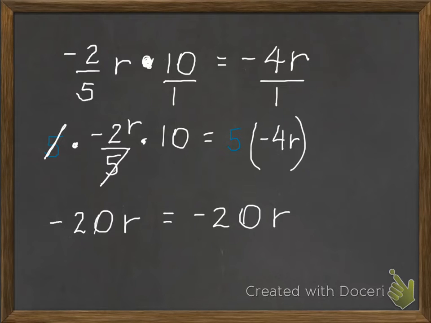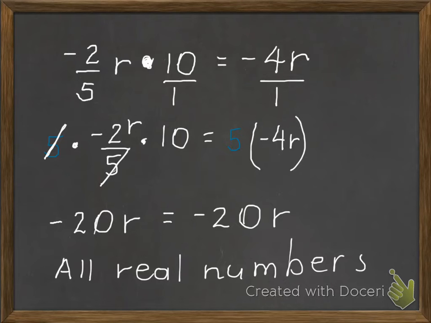Now, if you recall from page 705 in your text, example 6, whenever we have a situation where both sides of the equation look exactly the same, then we know that the solution is all real numbers.